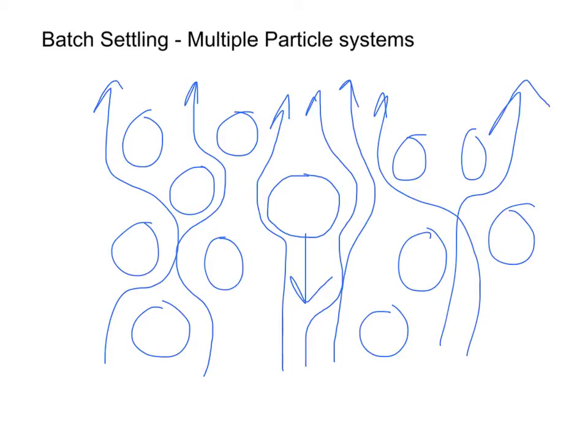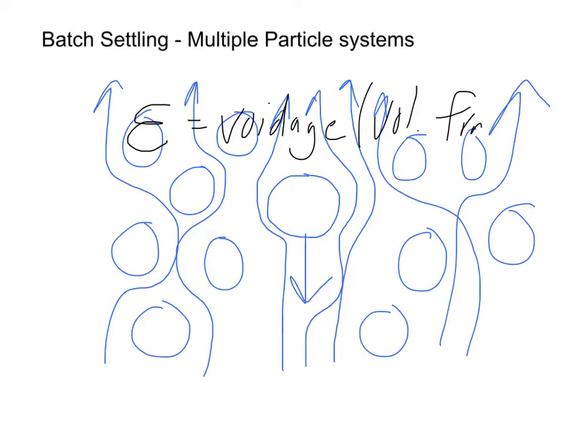First, we need to introduce a little new terminology. We're going to use the Greek letter epsilon, the little e, to be defined as what's called the voidage, or rather the volume fraction of the liquid.